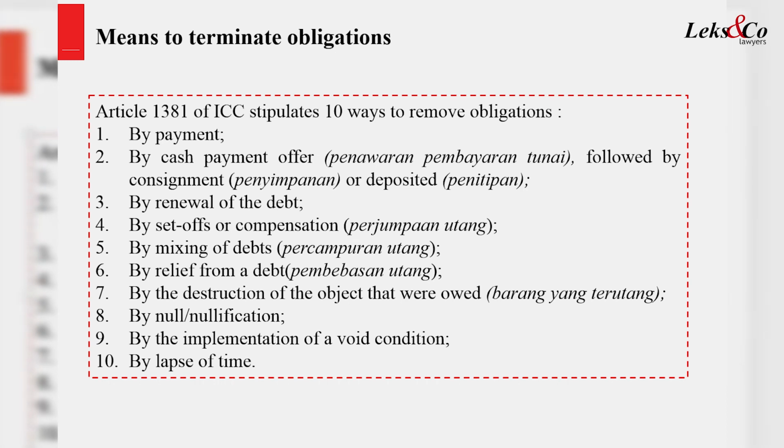And then by lapse of time, this is what we normally call a statute of limitation. So there is a daluarsa, an expiry period. There is a time when you can claim something or you can lose something. You can have your right to claim, or in contrast, you can lose your right to claim.